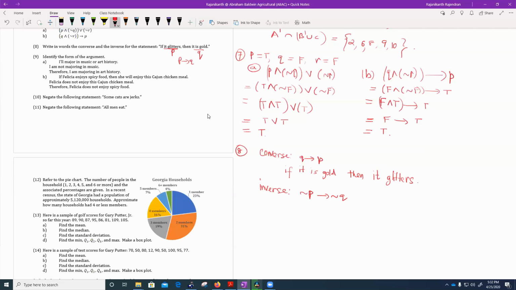The negation of P is, if it doesn't glitter, then negation Q, it is not gold. So this is the inverse statement of the given conditional statement.